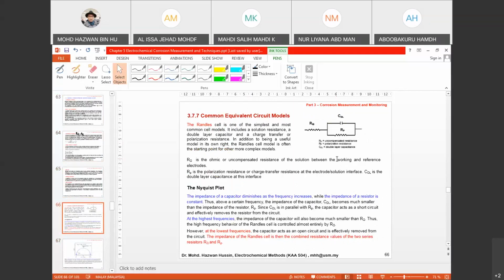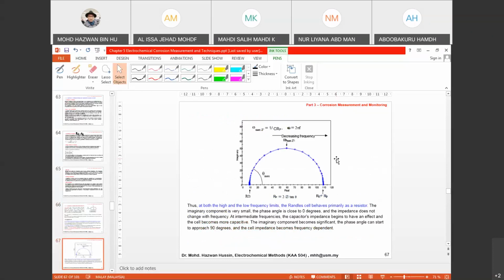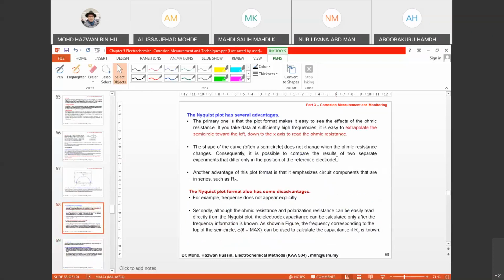So common equivalent circuit models for corrosion, we are going to use Randles. As I said, if you have a diffusion effect or a depressed semicircle, then you will use Randles with CPE, constant phase element. If you have diffusion, then you will use Warburg models. So this is to sum up the advantages of the Nyquist plot and also the Bode plot.